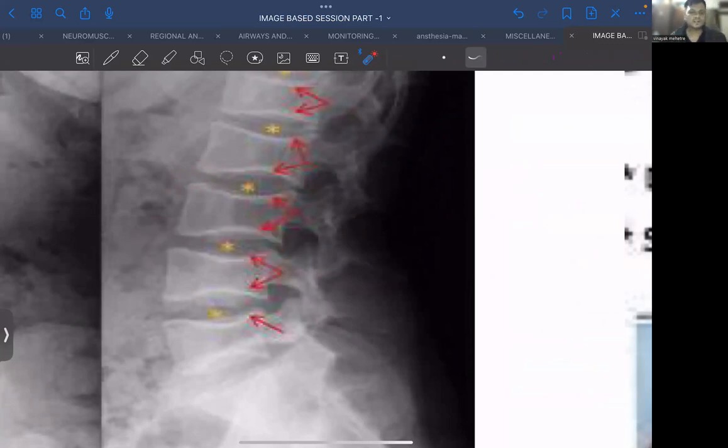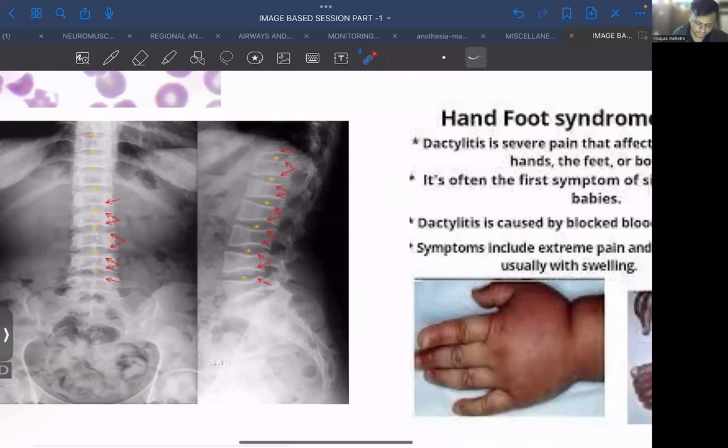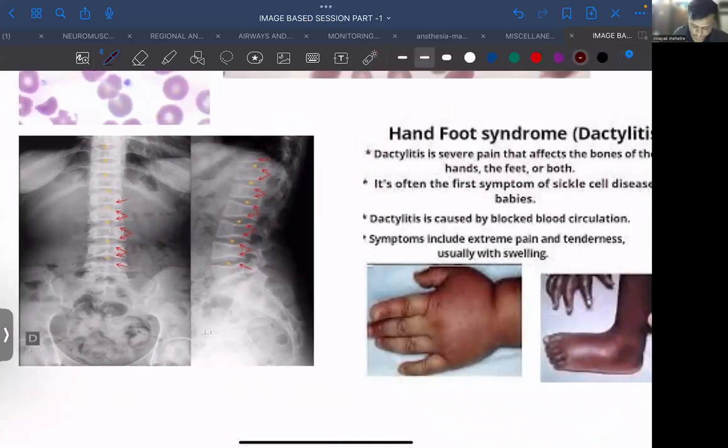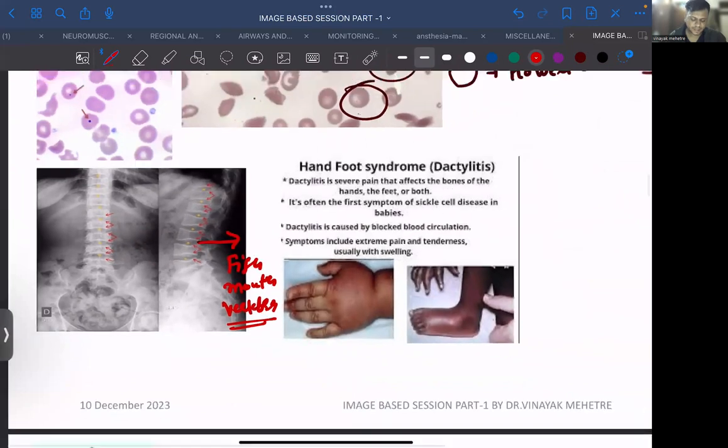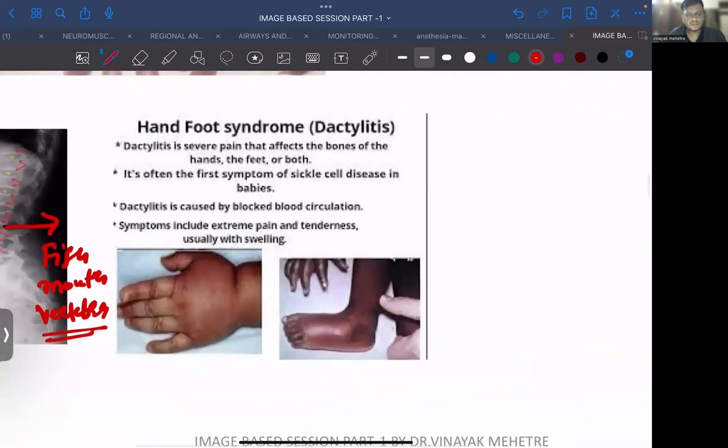It is called as, yes, fish mouth vertebra. How it looks? Understood? And the patient can have these symptoms as well. Hand foot syndrome. Patient can present with hand foot syndrome as well.